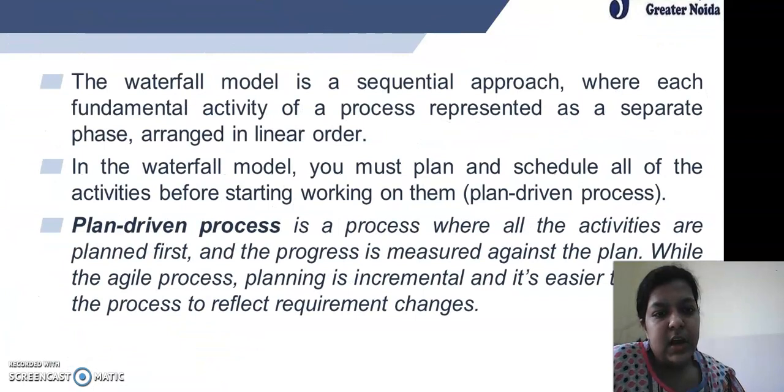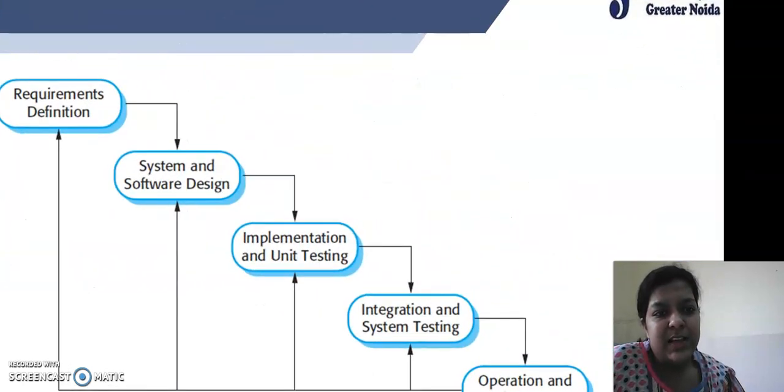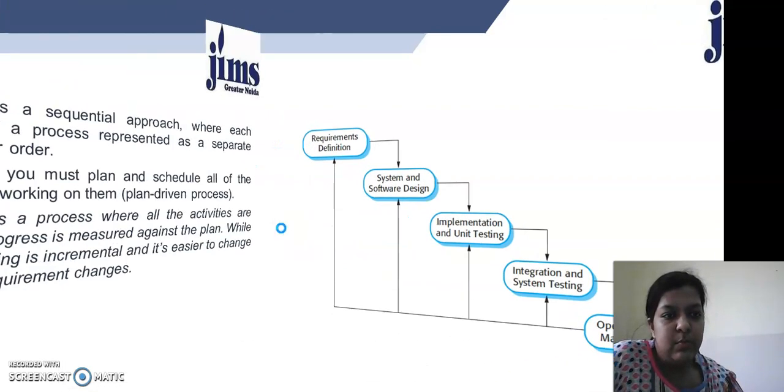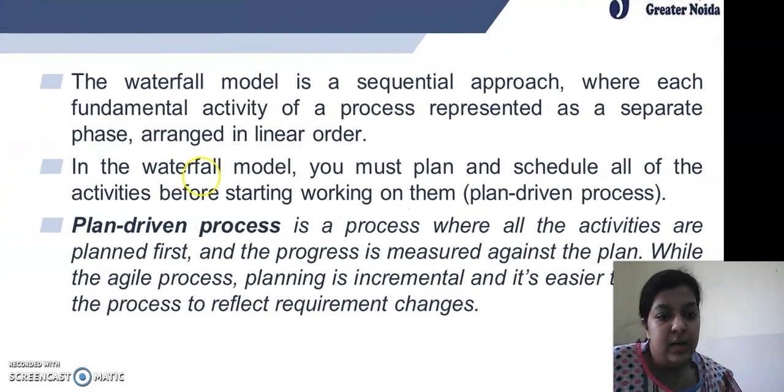So let's start with the waterfall model. As the name suggests, waterfall: water flows from top to bottom, and the water cannot go back. So this model is top to down. Clear? Now in this model, it is a plan-driven process.